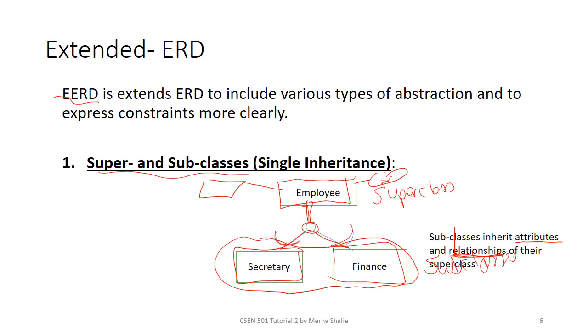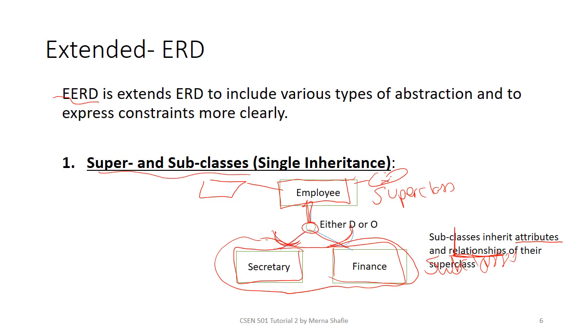What does this cup denote? It is always opened towards the superclass. So we can easily see which of the entities constitutes the superclass and which of them constitute the subclasses. So in this case, as we can see from the cup, the one upwards, employee, is the superclass, and the secretary and the finance are the subclasses. Okay, this is the first thing that you need to know.